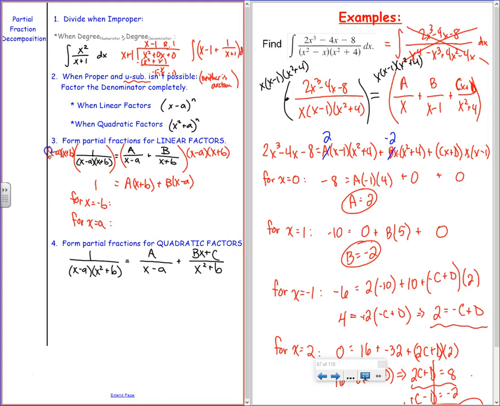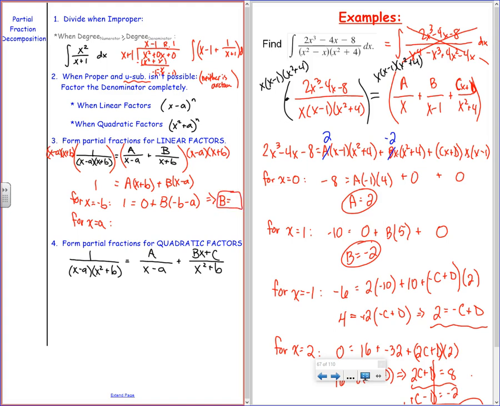We would plug in the zeros of both of the denominators. When we plug those in, this will always cancel out the other variable, and it'll always allow us to solve for the constant.